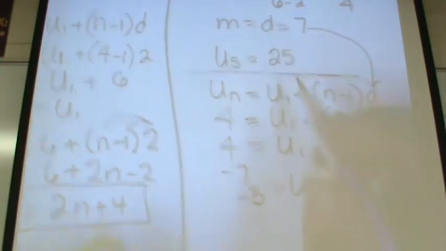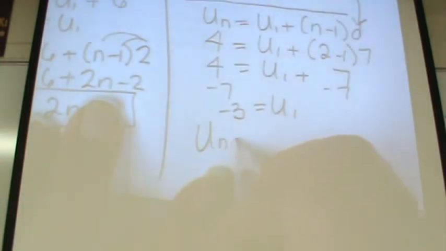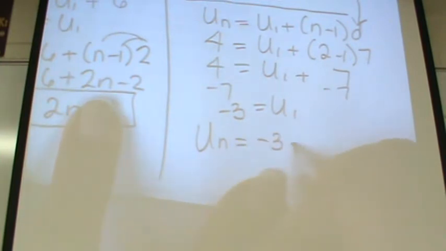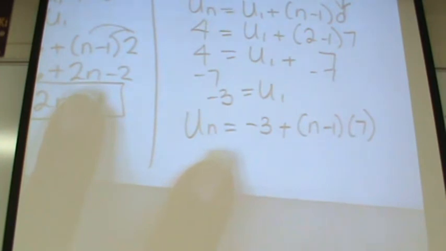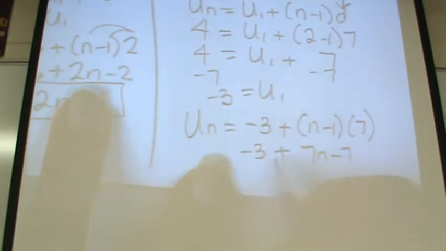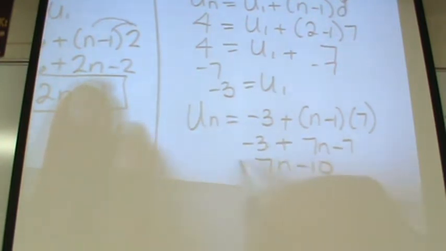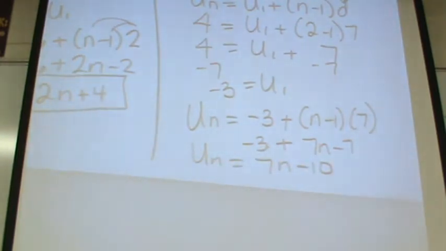So now to write the formula, we've got the first term plus n minus 1 times 7, and you can clean this up. 7 times n is 7n minus 7, and these two are alike, so 7n minus 10. And this formula will generate any term.